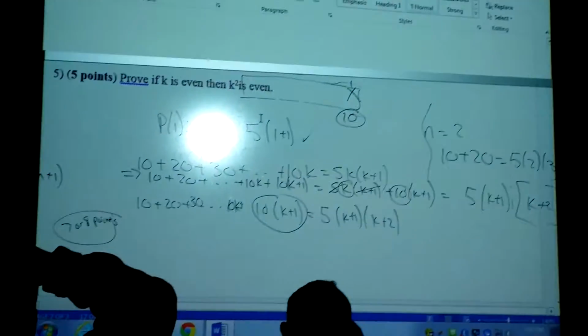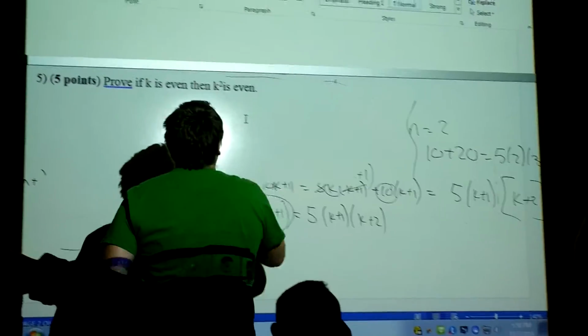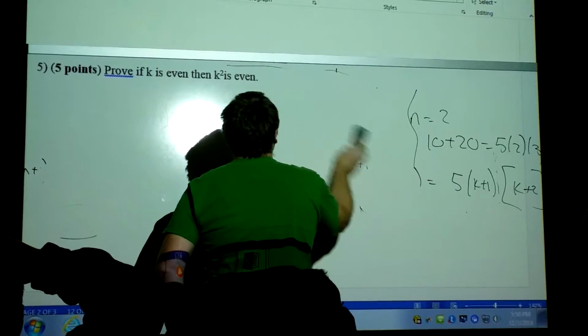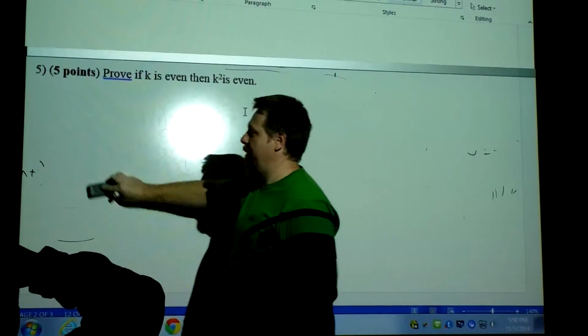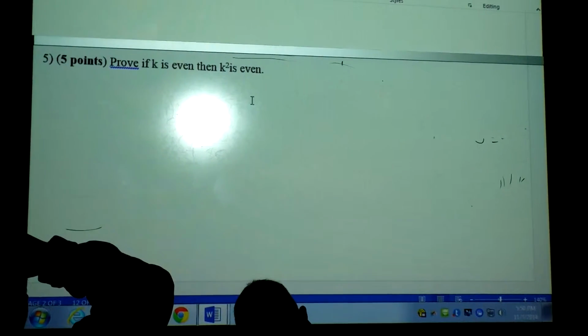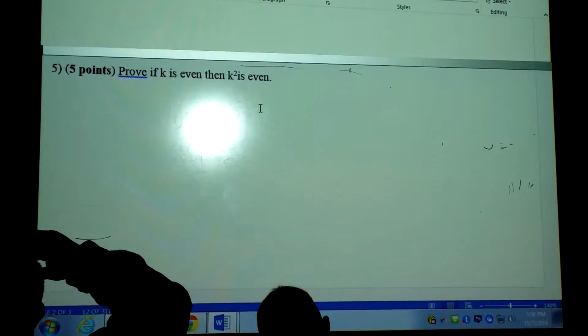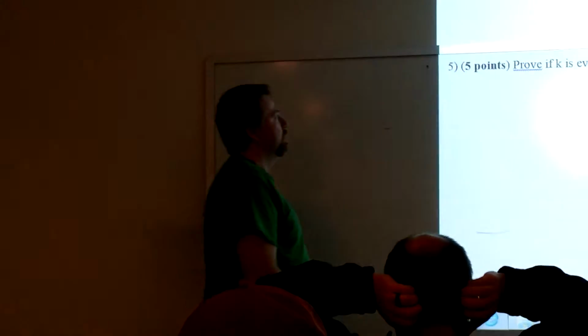Okay. Proofs. This one happens to be: k is even, so k squared is even. I think that's why I gave a couple tests, because these could be rational, irrational, even, odd. Also, we talked about proof by contrapositive, so I might say prove this by contrapositive.